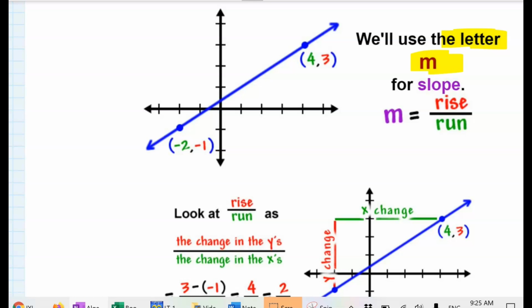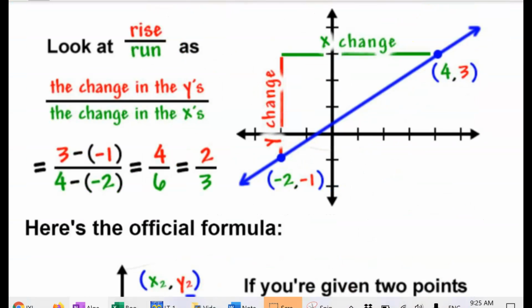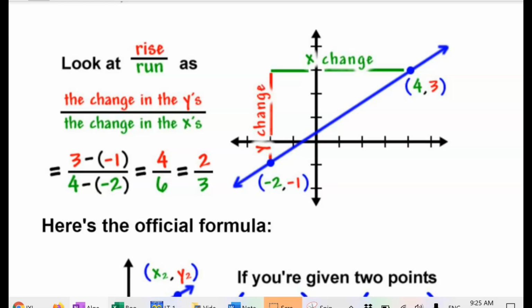So remember that slope, M, is rise over run. This is the way we talk about it in calculus: the change in your y's, how many units it's changing, so we usually count them, over the change in x's.